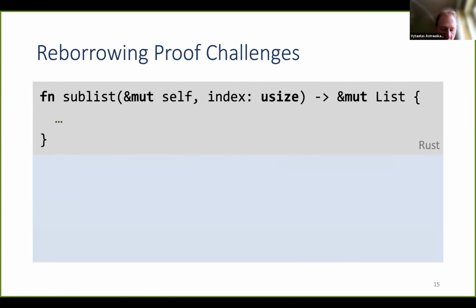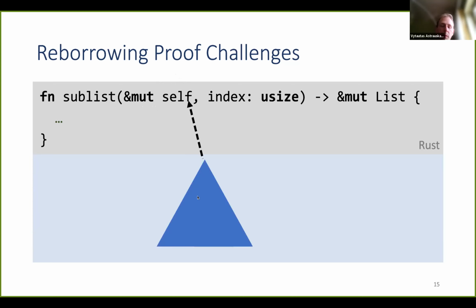Now, coming back to these more intricate lifetimes, there is an important pattern in Rust, which is reborrowing. We have a sublist function that takes a mutable reference to a list and returns a borrow of its tail.